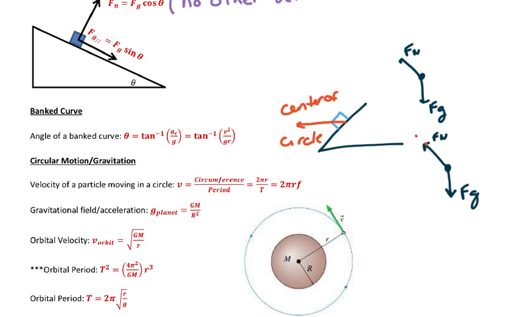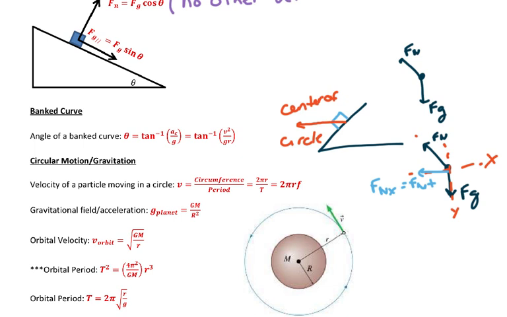I literally just said that we're not doing that way. Your axes are going this way and this way because your net force is going to be along this axis right here, which is going to be the horizontal component of the normal.